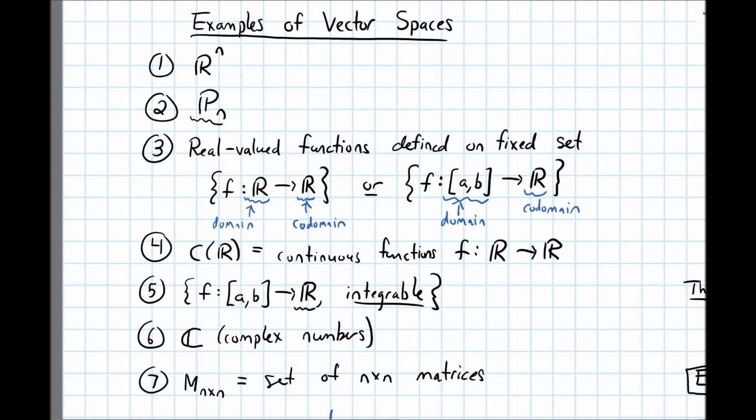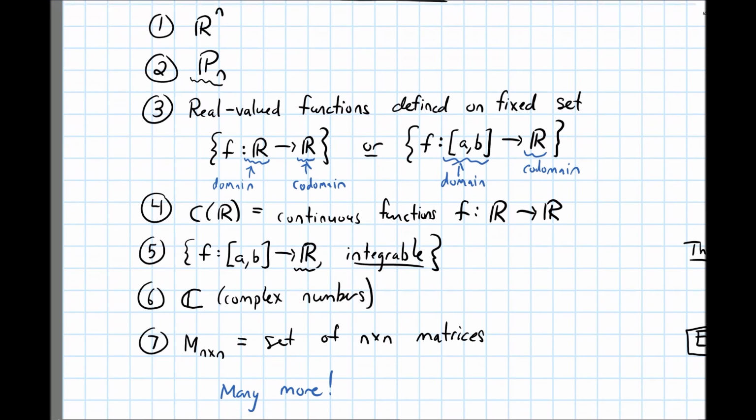So we can do things like add 2 matrices together, or multiply a matrix by a scalar, a real number. And it turns out, under those operations, the set of n by n matrices is a vector space. There are many, many more examples, but these are some examples of sets that satisfy those 10 properties that a vector space satisfies.